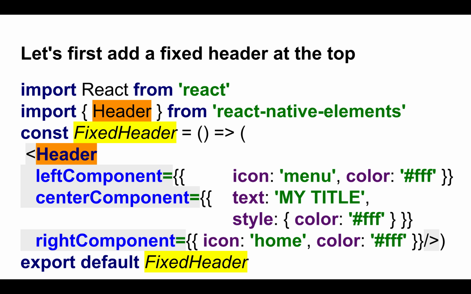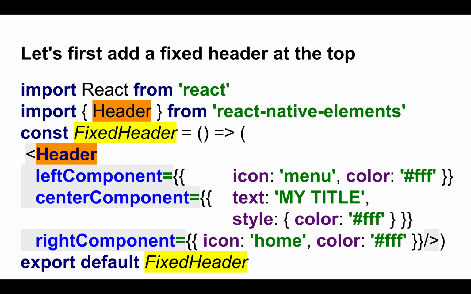In the left component, we can provide the icon we want. This is straight from Font Awesome. If you go to Font Awesome, then there's a menu font icon, and that's the little hamburger on the left-hand side. And then we color them white. On the right-hand side, we want the home button icon, and the color we want.